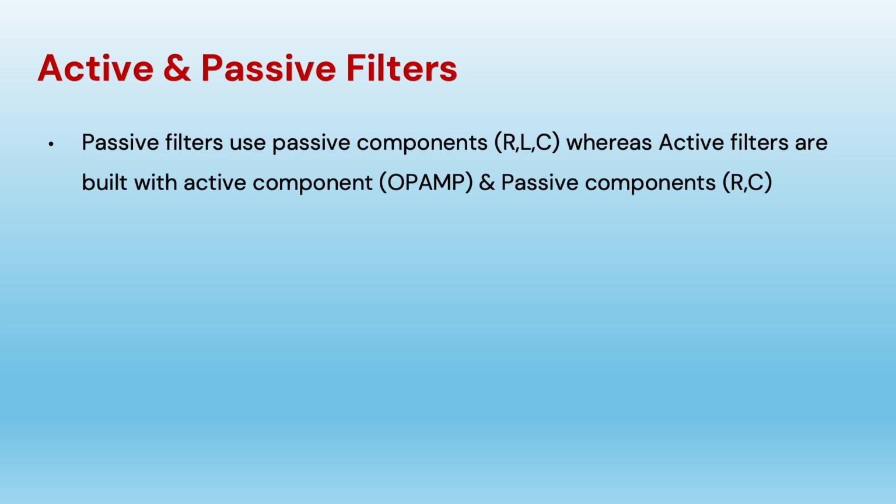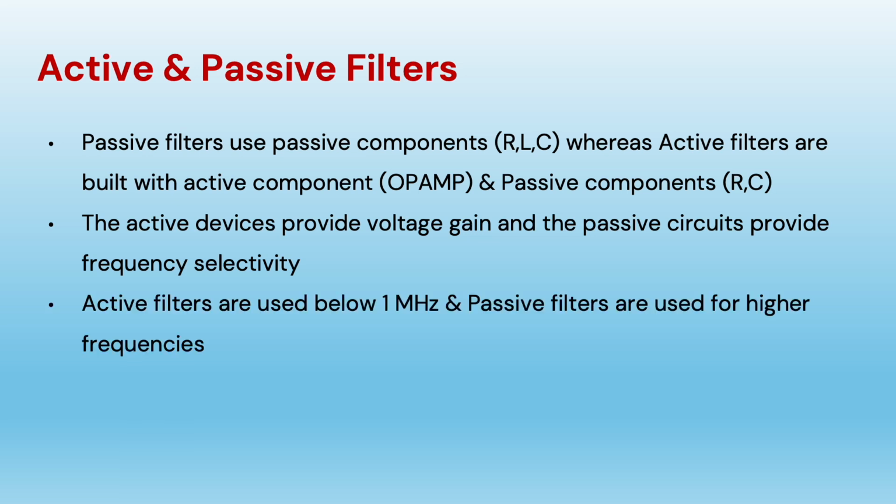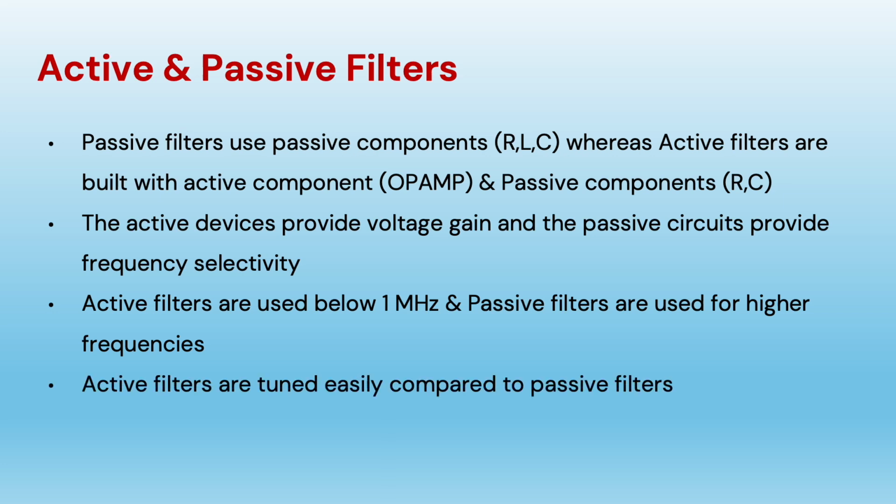Operational amplifier is used with passive components, that is R and C. In the filter, the active devices are used for providing voltage gain. Op-amp provides the gain, and the RC circuit, which is the passive circuit, is used to provide frequency selectivity. The active filters are normally used below 1 MHz and passive filters are used for high frequencies. Active filters are easy to tune compared to passive filters.